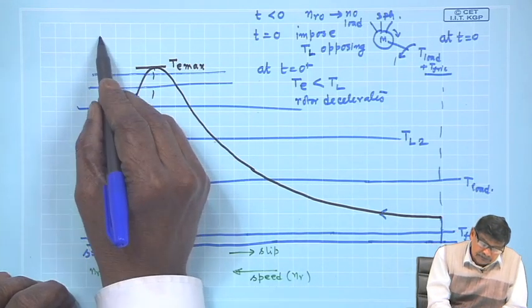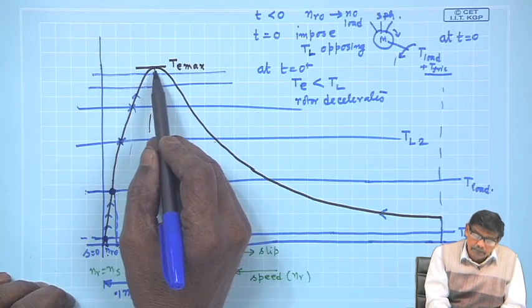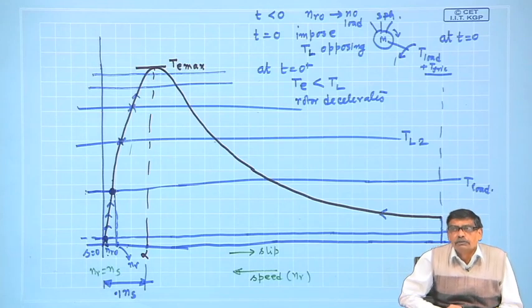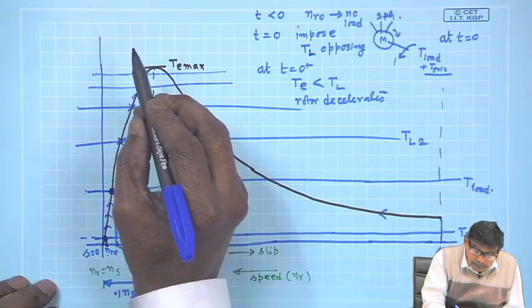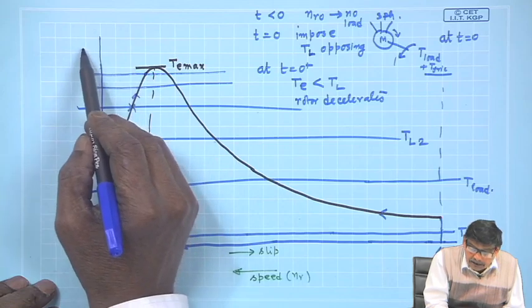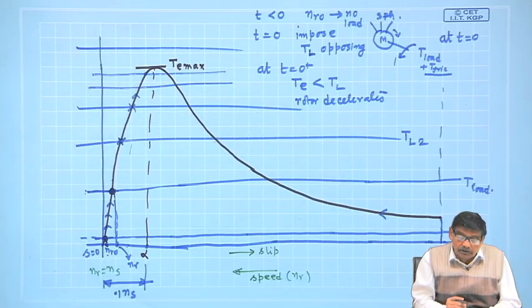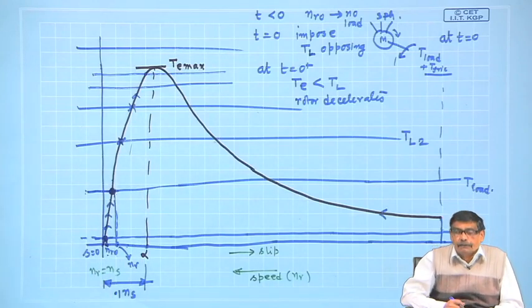Suppose you increase the load torque beyond the maximum torque the motor is capable of producing, that is T max. Suppose somebody says, okay, it is working here fine, but I will increase the opposing load torque beyond T max. What is going to happen?